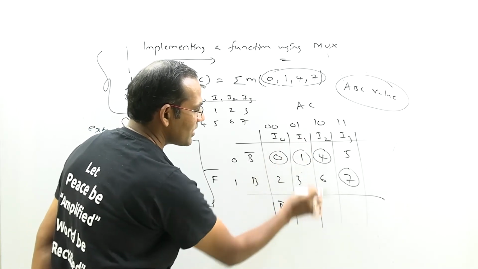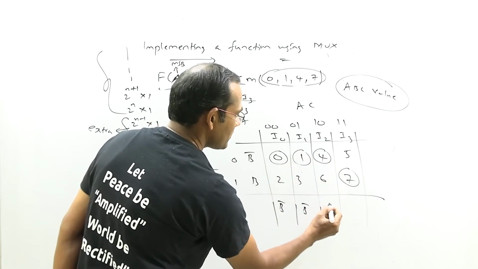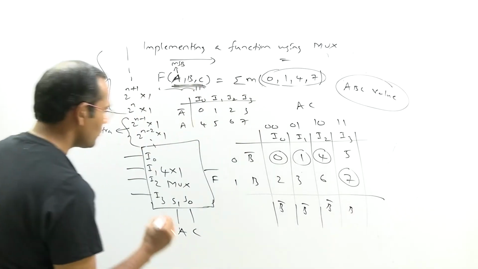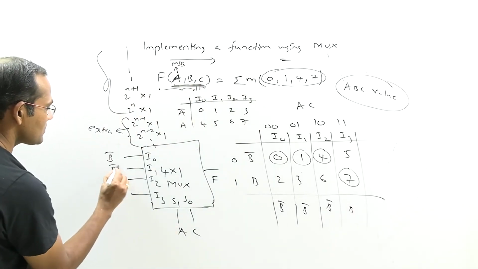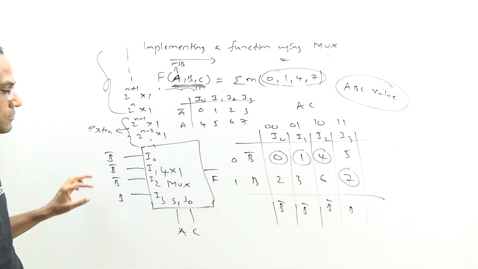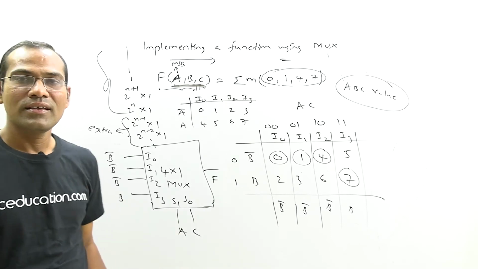Here also only one circle is there, so B bar. Here also one circle, B bar. Here one circle is there, so B. Finally, this is the mux input for this selection.